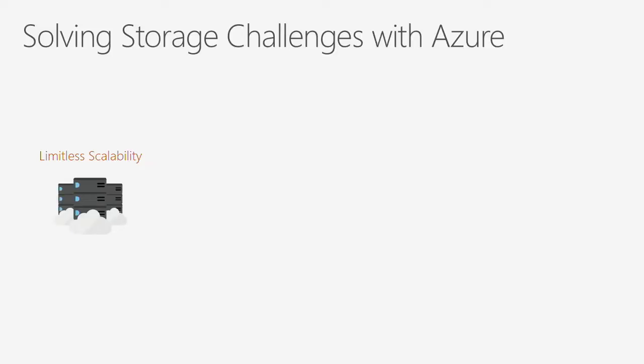First, we offer essentially limitless scalability. So we have a service that's globally distributed, that works at internet scale. So the numbers are really staggering. Today we have about 120 trillion objects stored in Azure storage. Trillion's a big number to get your head wrapped around, but that's a lot of objects.